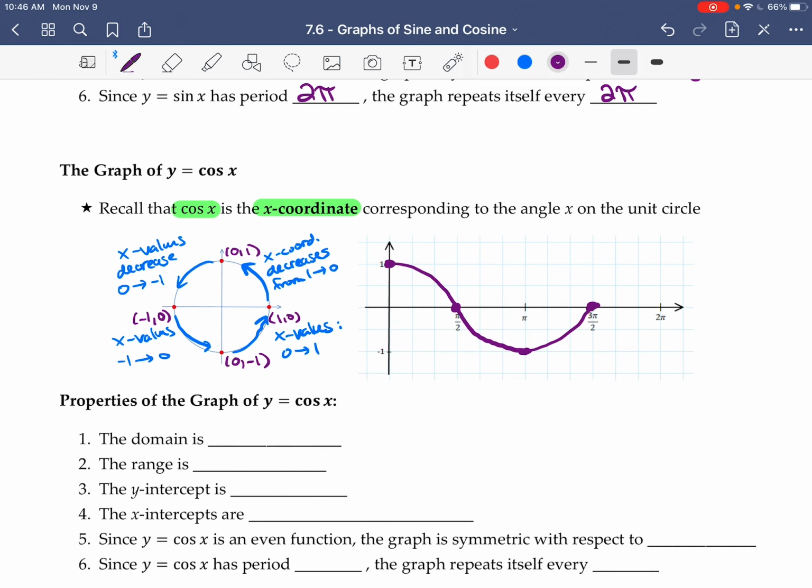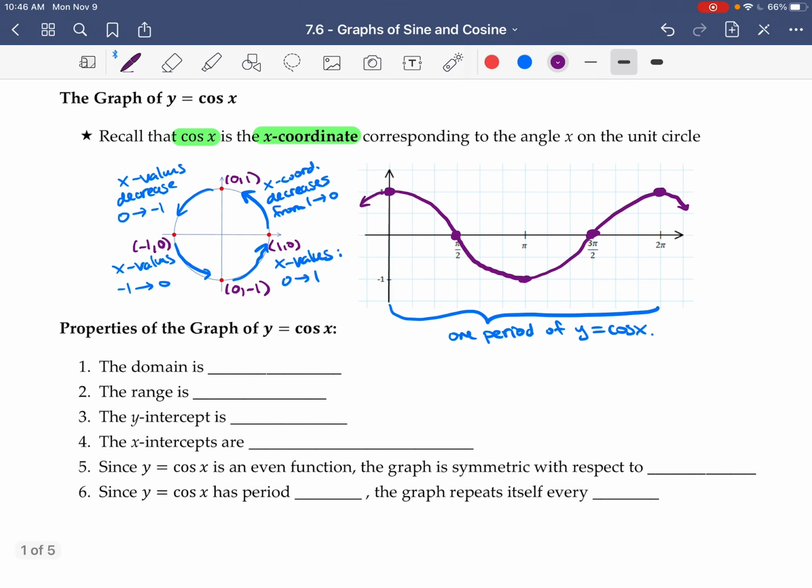So at 2 pi, we're back up at 1, and it looks like that. So again, the period is 2 pi. So this is 1 period of y equals cos x. And then it continues, so it's going to keep going like that.